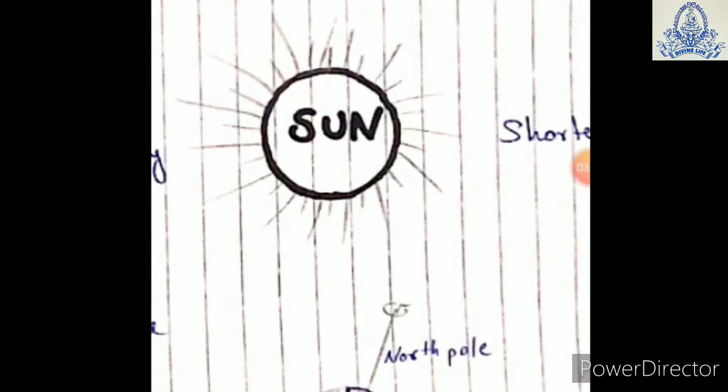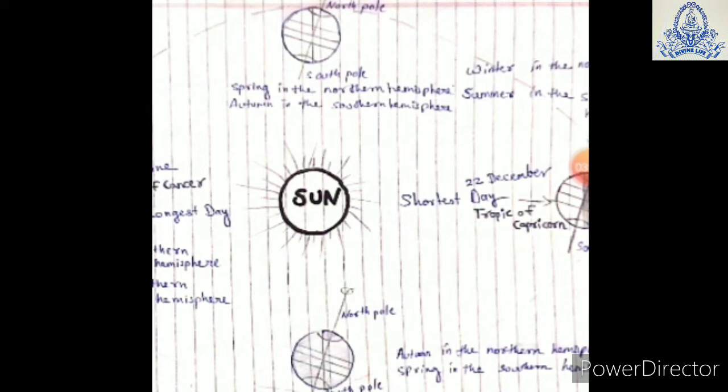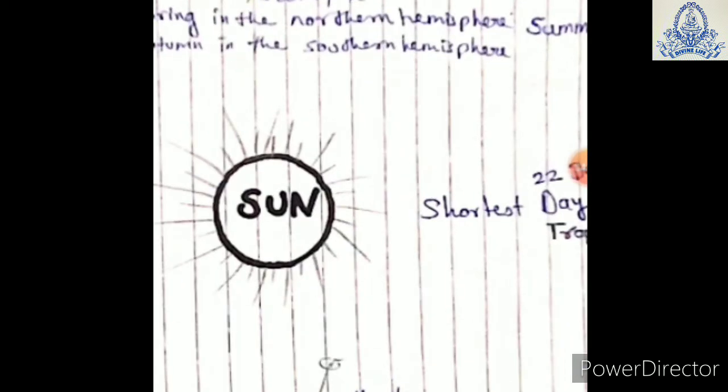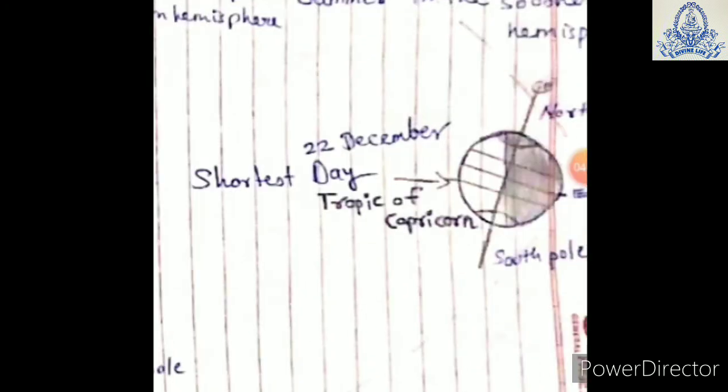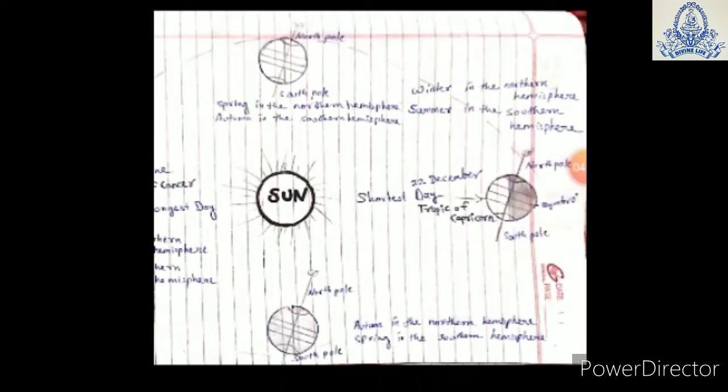This fourth position is the same as the second position, because both hemispheres are getting equal light. That means equal day and equal night. And here the seasons are opposite: autumn season in the northern hemisphere and spring season in the southern hemisphere.